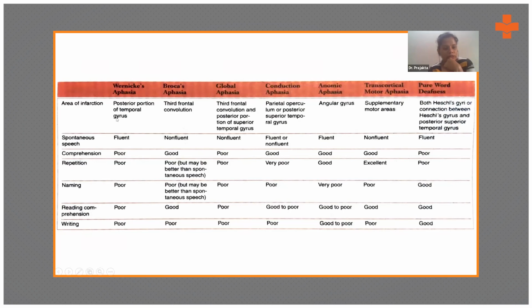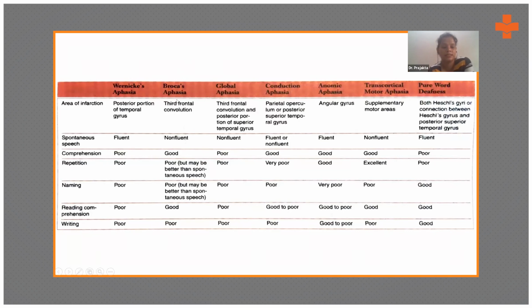So in Wernicke's aphasia, usually the area of infarct is the posterior superior temporal gyrus. Spontaneous speech is fluent, comprehension is very poor, repetition is very poor, naming is poor, writing and reading are also poor.